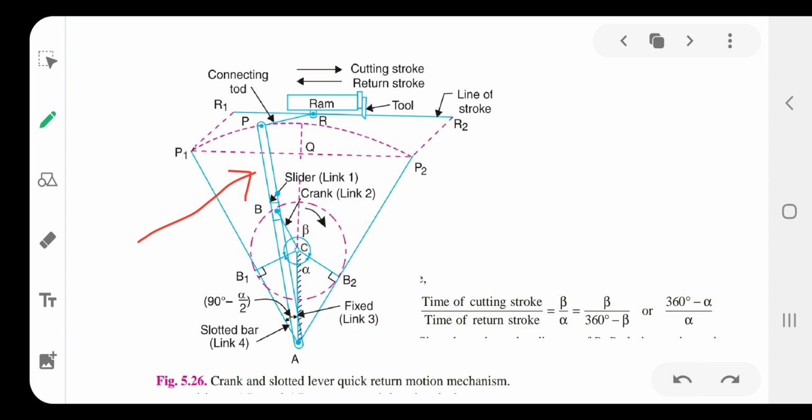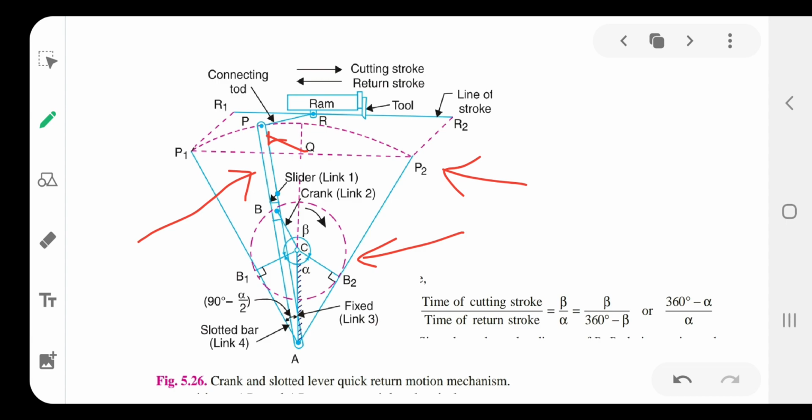After the crank moves from B point to B2 point, at that point the slider connected with the crank moves freely in the slotted bar, and due to the movement of the slider, the slotted bar moves from the P position to the P2 position, okay. And this is a cutting stroke.